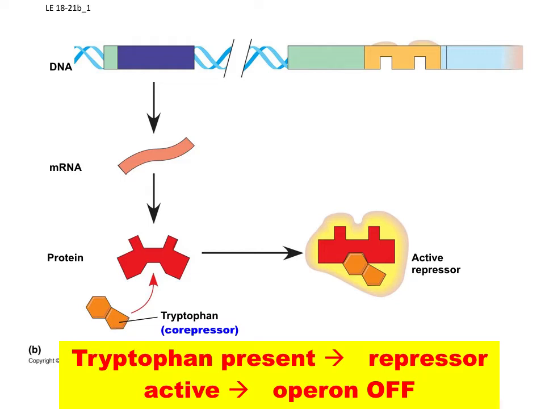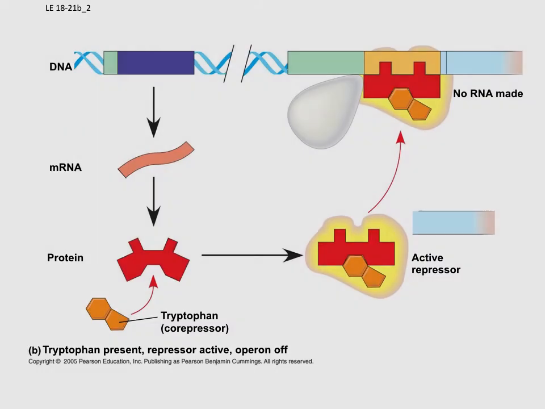When the repressor is active, it can bind to the operator site. Even though RNA polymerase can still bind to the promoter, it cannot get past the operator where the active repressor is bound. Because of that, you won't get any transcription. So this active repressor has turned the structural genes off.